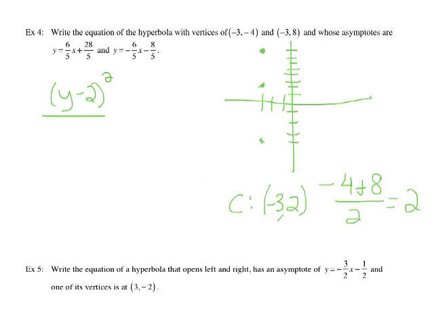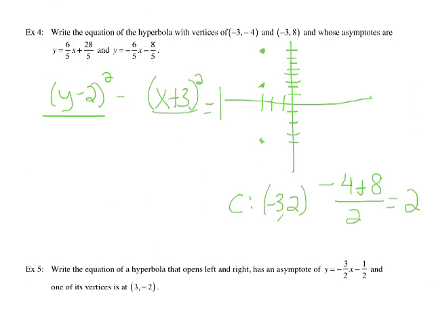So the center, again, is negative 3, 2. Because it opens up and down, I know it's (y minus 2) quantity squared minus (x plus 3) quantity squared equals, and this all has to equal 1. So now I have to figure out what goes in the denominator.